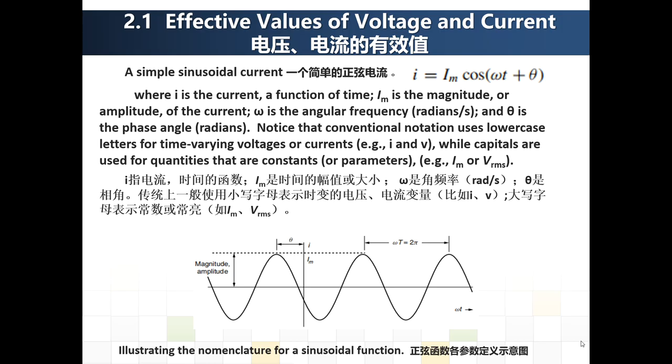Lowercase i is the current as a function of time. Im represents the magnitude or amplitude of the current. Omega is the angular frequency, and theta is the phase angle, in units of radians.